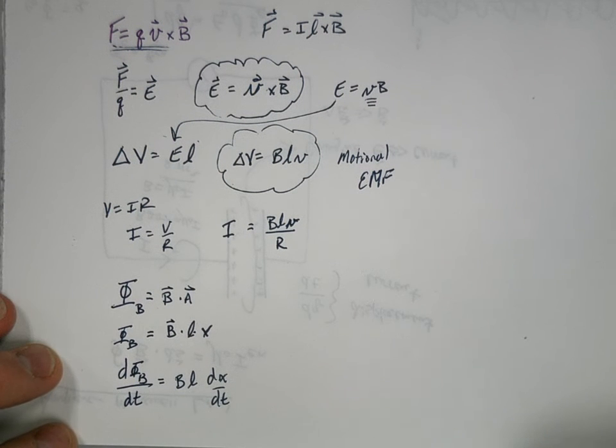But what's this? This is our voltage. Right? dΦ/dt of our magnetic field is actually a voltage.